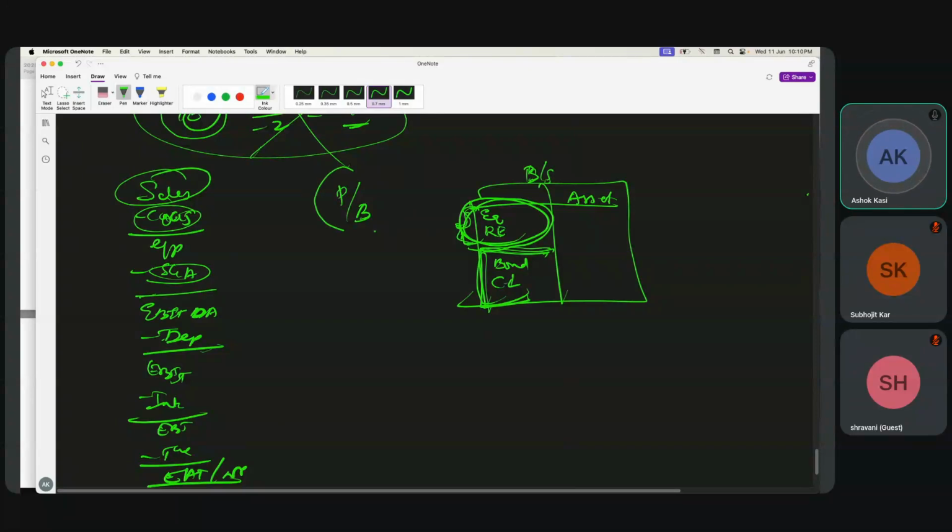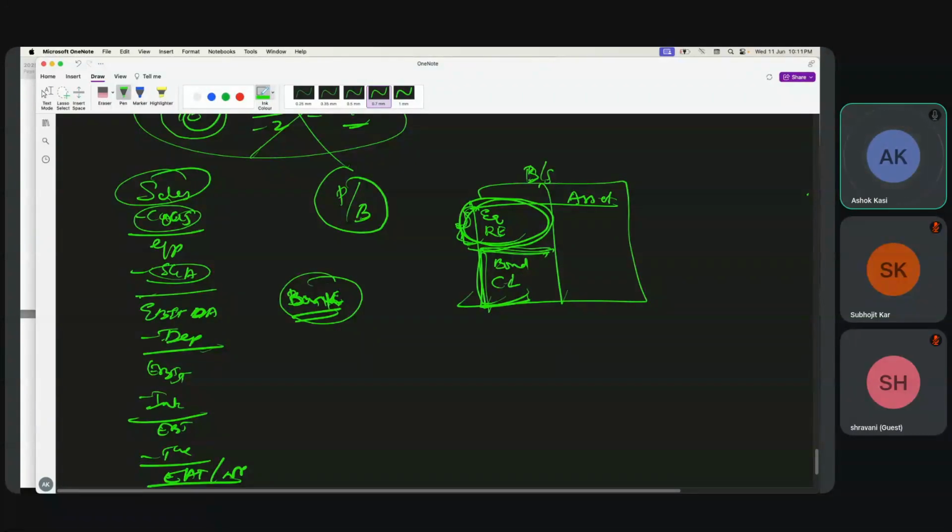Now, when do we value a company based on price to book value? Example, a bank. Typically, a bank should be valued based on price to book value because, see, what work does a bank do?